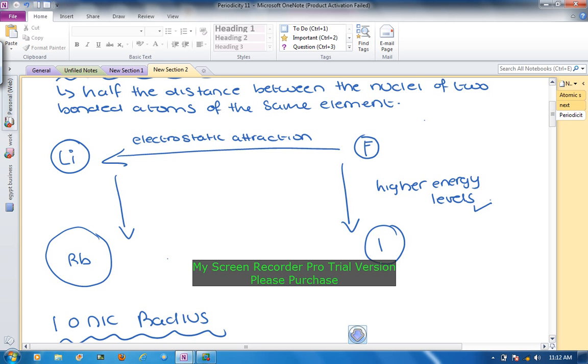However, going across the period, the number of protons in the nucleus would increase, which would increase the electrostatic attraction in the atom and attract the electrons closer to the nucleus and reduce the atomic radius. So, as you go across a period from lithium to fluorine, the atomic radius is going to decrease.